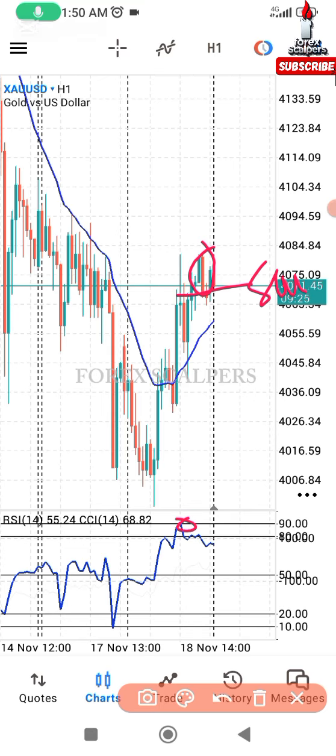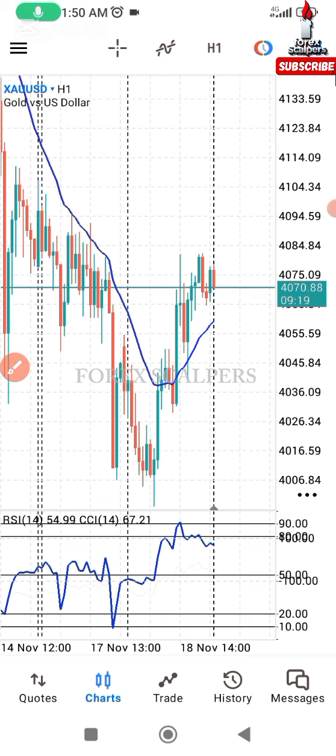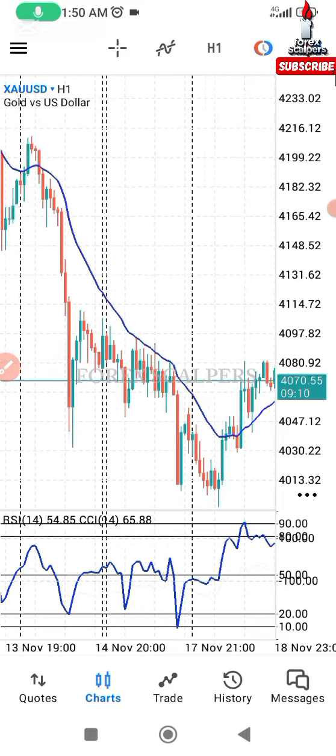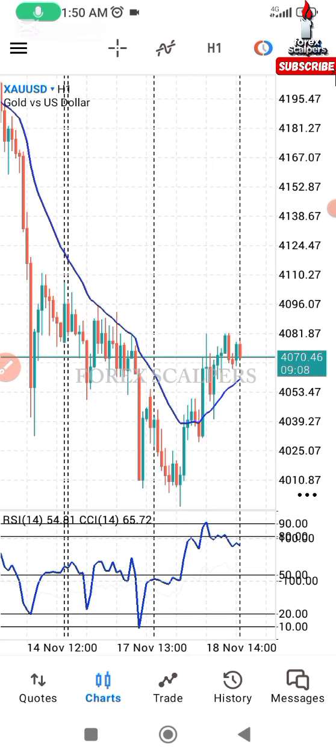Price is at the level of 90, right? But the question is, is price in our point of interest? It must be in our point of interest for us to make a sell. Is price in our point of interest? Not really. We don't have any visible point of resistance here.